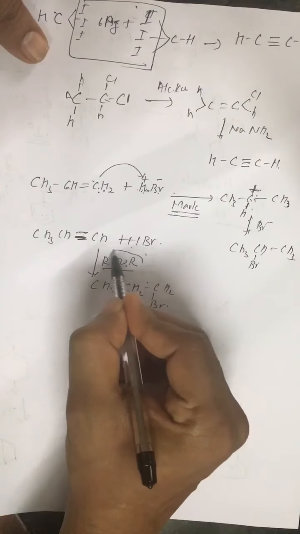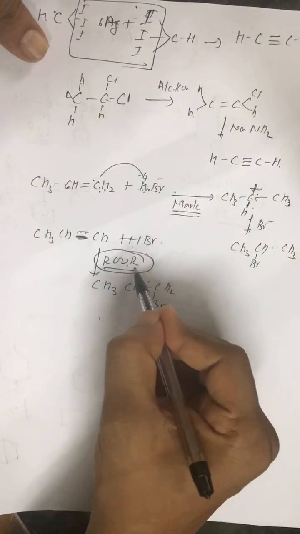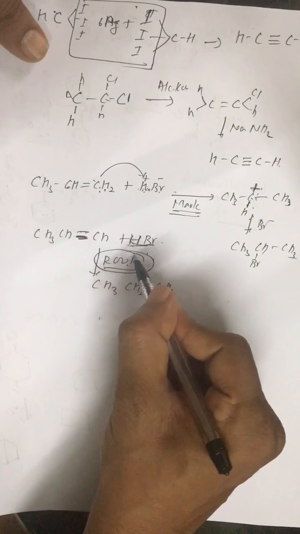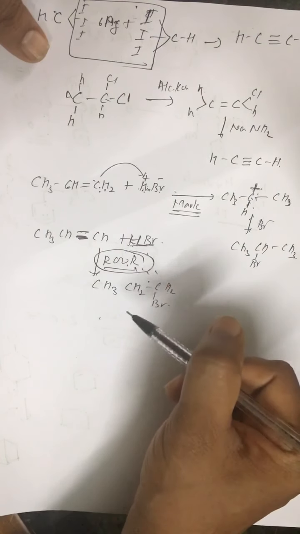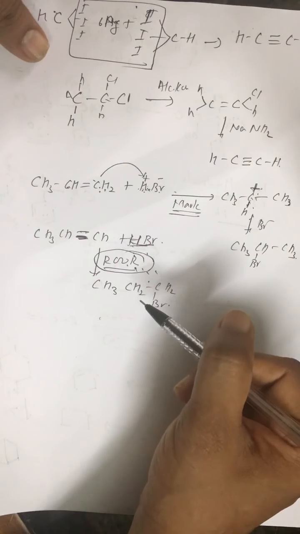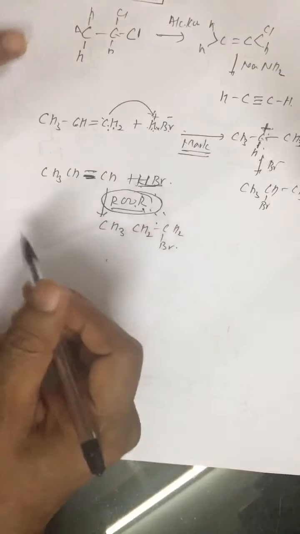This is carried out in the presence of a peroxide. And only HBr shows anti-Markovnikov's addition. HF, HCl, and HI do not show anti-Markovnikov's addition. So you should be careful.